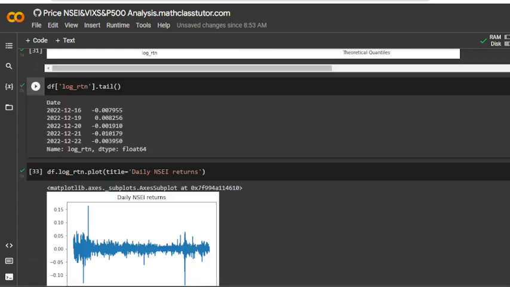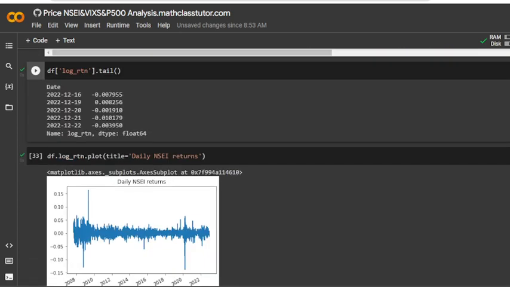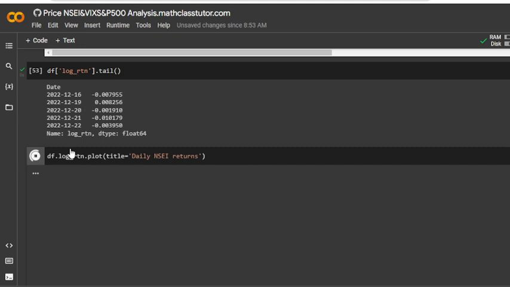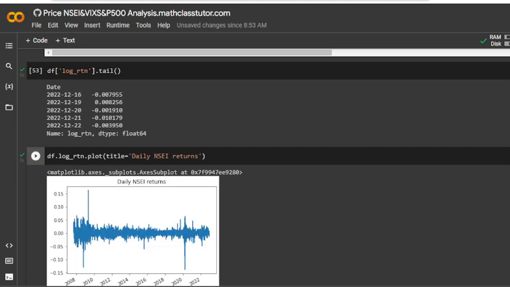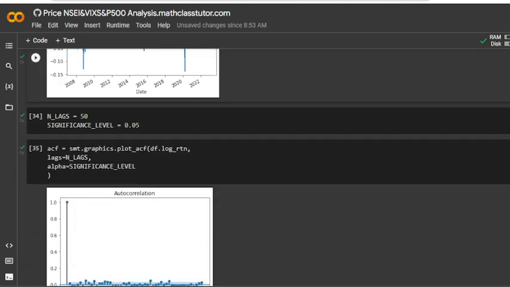Yeah, let's see the log return. Every day we are looking at negative returns, and I am going to plot the log returns here. After that I am taking a lag of 50 and the significance level I want to see.